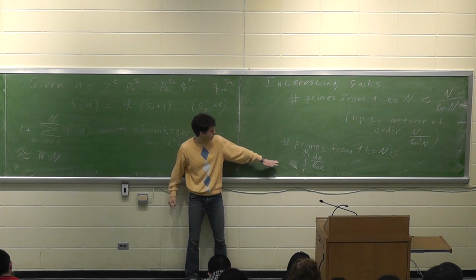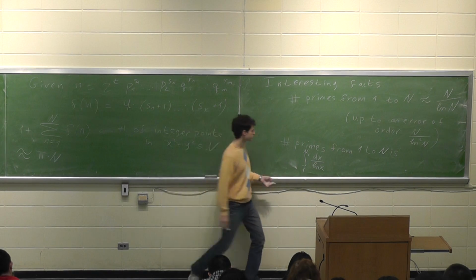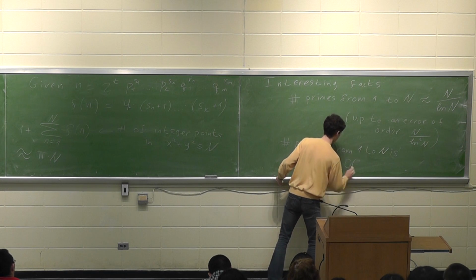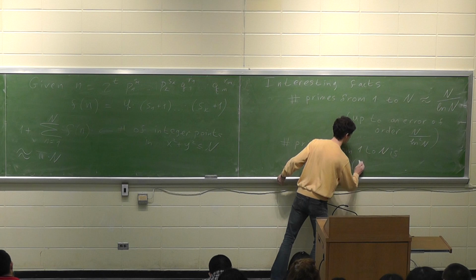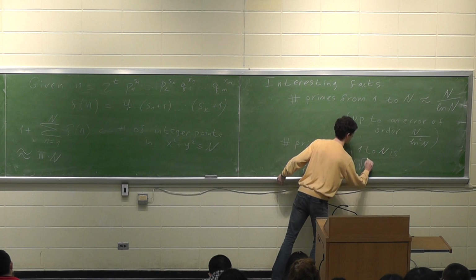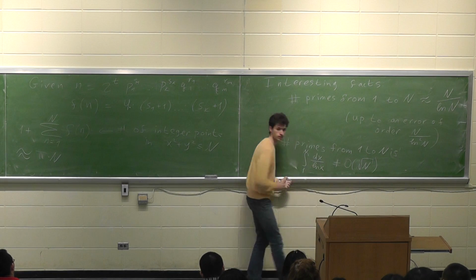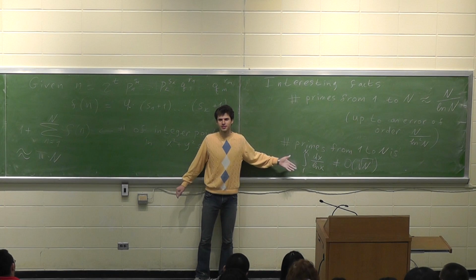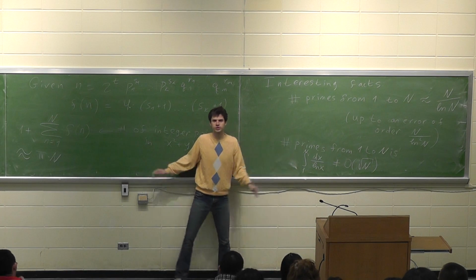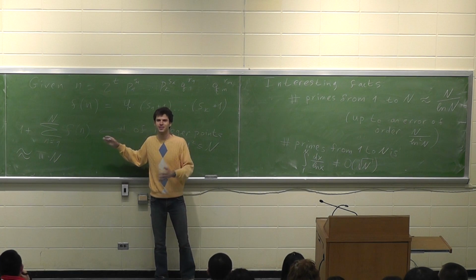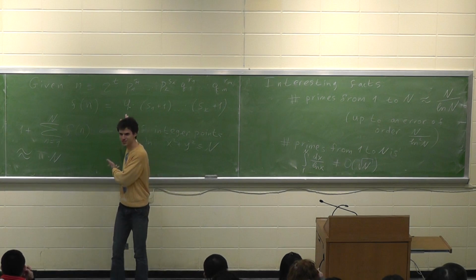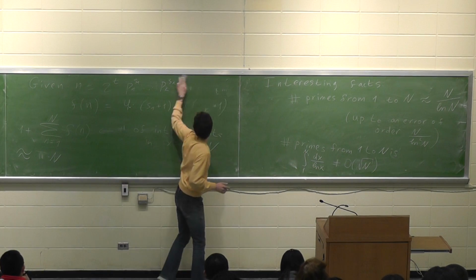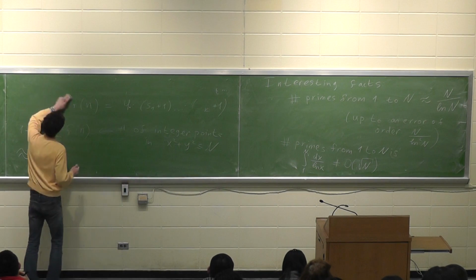It turns out that this formula is much more precise, plus or minus a mistake of order square root of N. And these results can be proved using these kinds of considerations, of course not this simple idea. So what happens is the following.